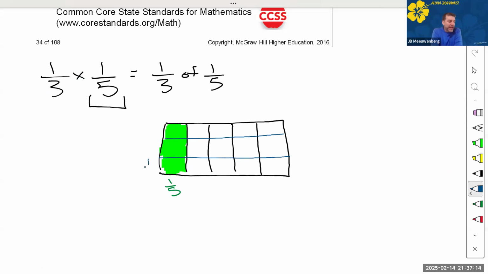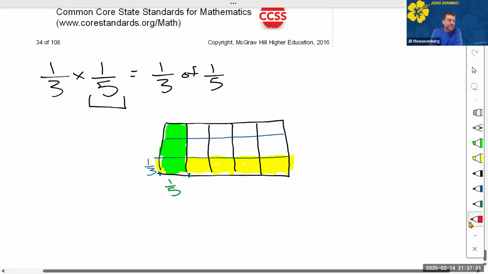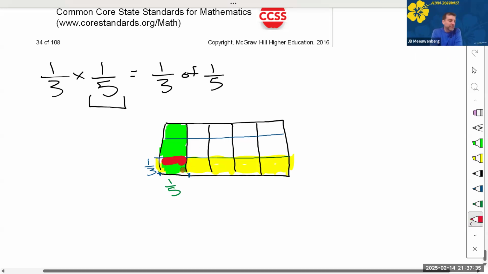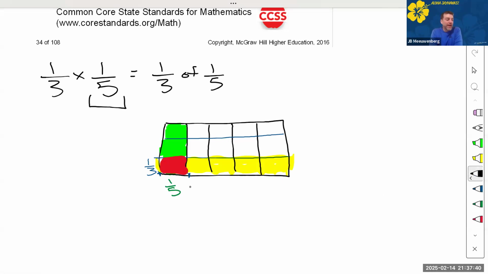And then if we just look at this bottom one, we say this distance from here to here is 1/3. This distance from here to here is 1/5. And so the overlapping section, if we even consider this entire thing, the overlapping section is here. That's the area that we are looking at.